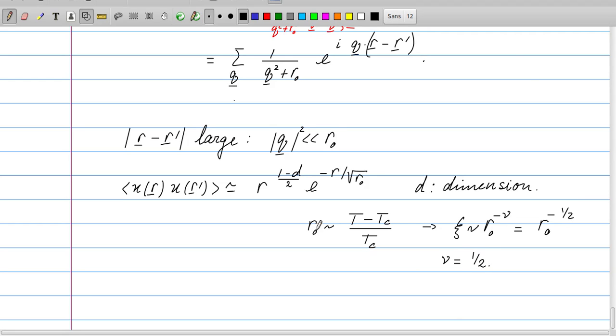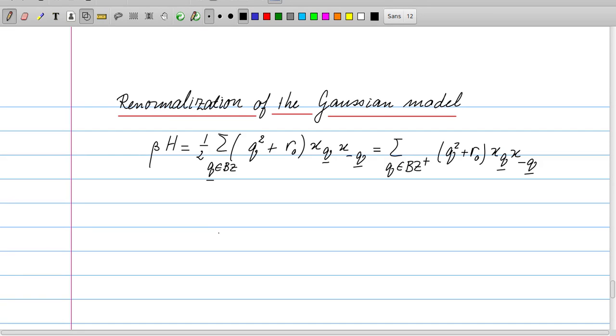And recall from the Landau-Ginzburg theory that the parameter r0 vanishes at the critical point, and it's linear when we are close to the critical point with the temperature difference. So now we start with the main course of the movie, and that's the renormalization of the Gaussian model. And I have repeated here the beta H, the Hamiltonian, which is formulated in this way.